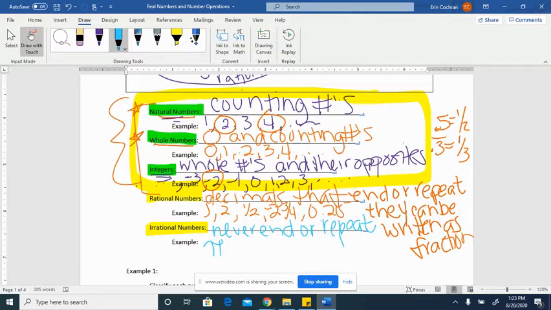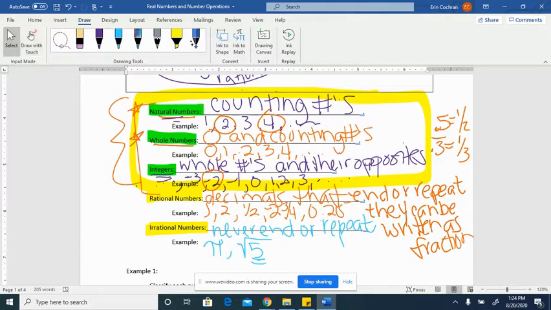Other ones would be like the square root of 5. I can't take the square root of 5. That's an irrational number because the square root of 5 is a decimal, like 2 point something, that goes on and on forever, never ends, never repeats. So if this is not a perfect square, you can't take the square root of it, meaning it's going to be an irrational number.